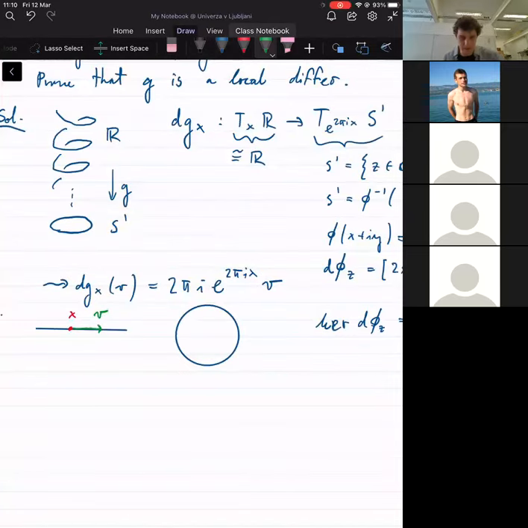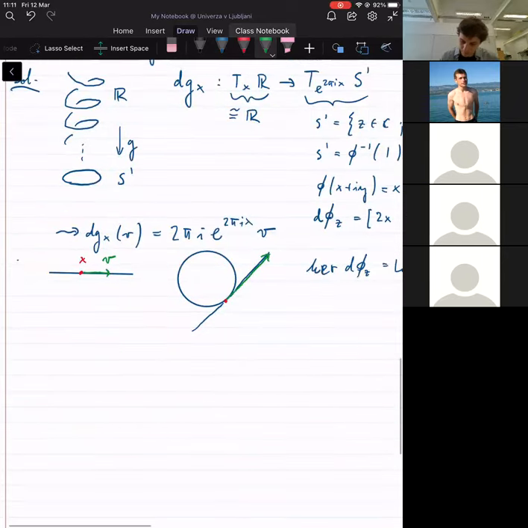So this is essentially a number, since our space is one-dimensional. So this x is now going to map to somewhere here, and the tangent space at this point is this thing. So what this map does is it sends it somewhere onto this tangent space. It just stretches it.